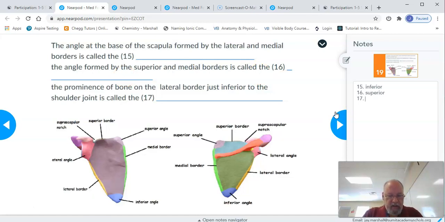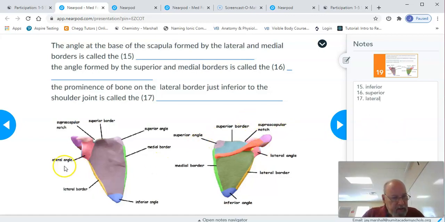And then the angle formed by the shoulder joint or the glenoid cavity here, the prominence that holds the glenoid cavity, this is going to be the lateral angle.